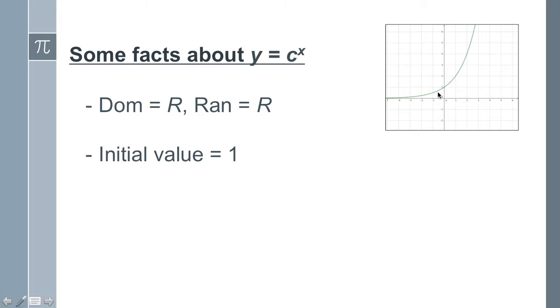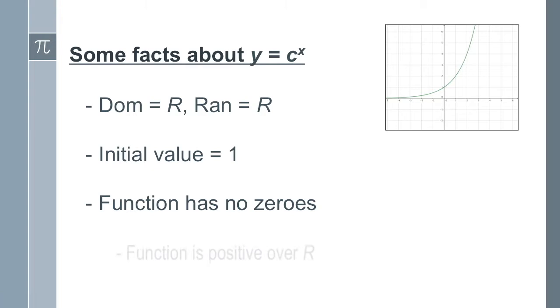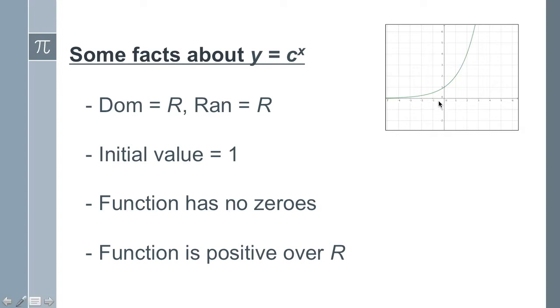As we can see here, it is 1. The function has no zeros because it never touches the x-axis, which we will talk about in a second. And the function is positive over that set of real numbers because it never crosses the x-axis. It is always positive.